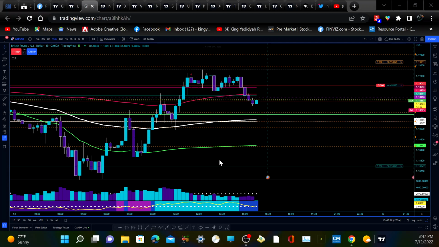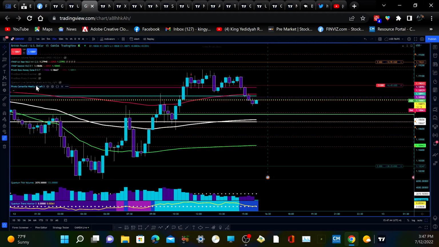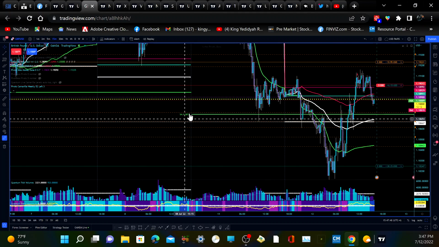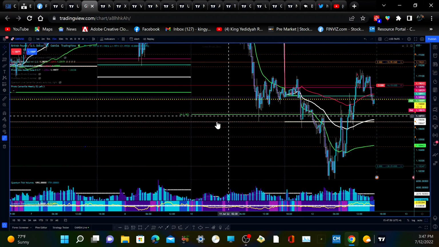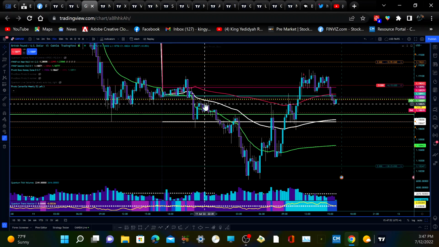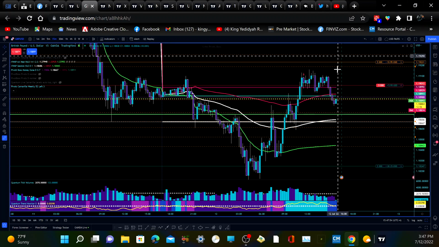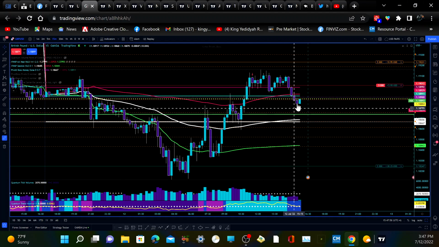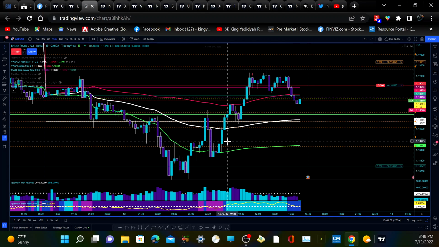Let's see what the Camarilla levels are today on this. These are the weekly Camarillas, and this green line right here is S4. We actually broke below S4, but now we're back above. Hopefully it breaks down past S4 and VWAP, which is this white line.